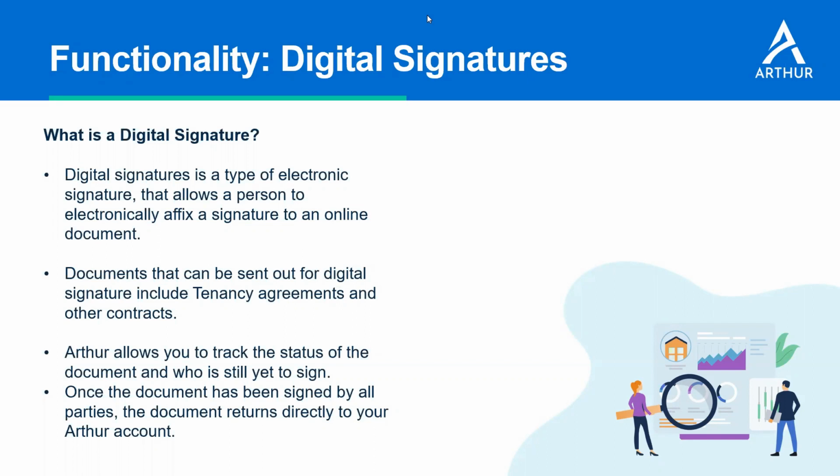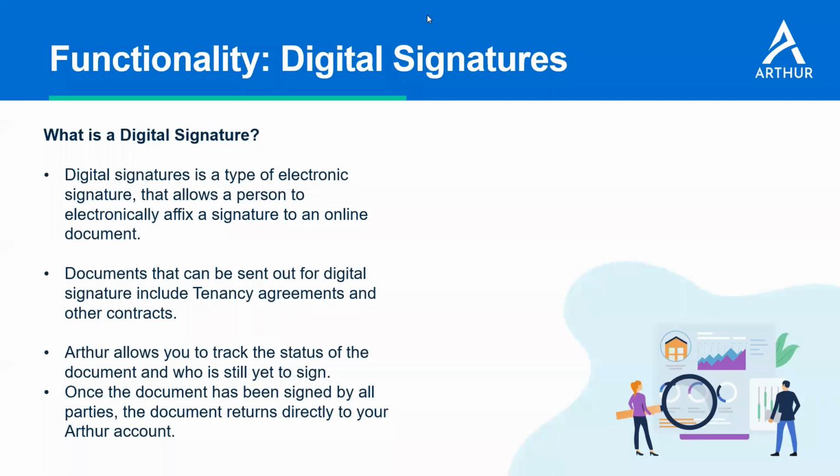So yeah, digital signatures are a type of electronic signature. It allows people to electronically put in a signature, and then when that document is signed and ready to come back into Arthur, it will feed directly back into Arthur. Your documents can be sent out, like, for example, tenancy agreements, contracts, letters, anything that you would need, even PDFs of certificates.